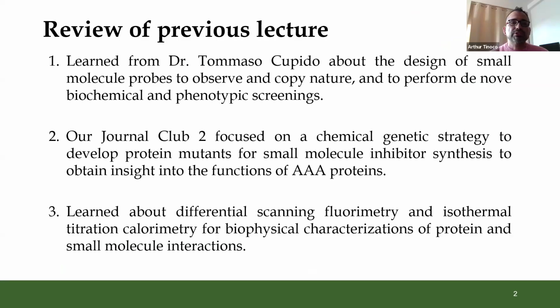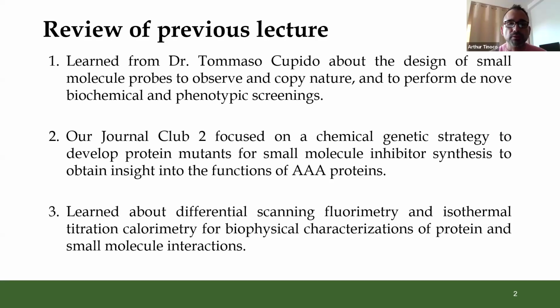In our previous set of lectures, we learned from Dr. Tommaso Cupido about the design of small molecule probes to observe and copy nature and to perform de novo biochemical phenotypic screenings, which led to our Journal Club 2, which really specifically focused on a chemical genetic strategy to develop protein mutants for small molecule inhibitor synthesis, and the idea was to obtain insight into the functions of AAA proteins.